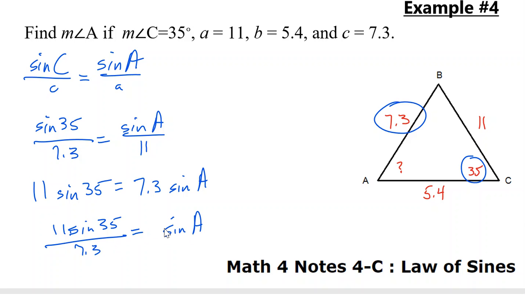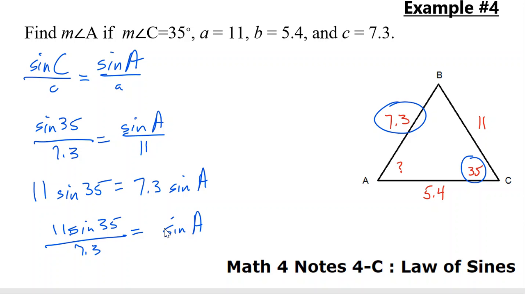Now, when you were doing SOHCAHTOA, hopefully your teacher taught you the trick on how to find the angle when you know what the decimal is. Because if we put all this stuff on the left side into the calculator, we're going to get a decimal. Let's go ahead and figure that out. 11 sine 35, get a decimal for that, divide by 7.3.